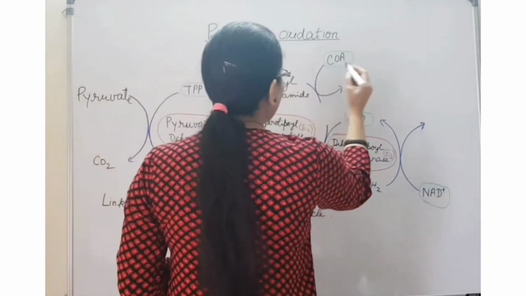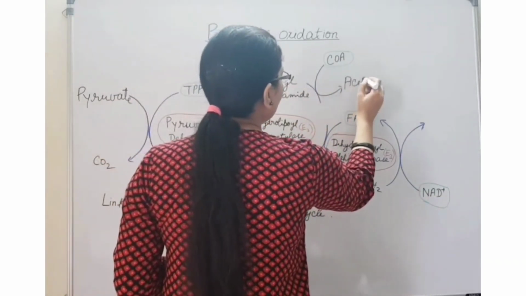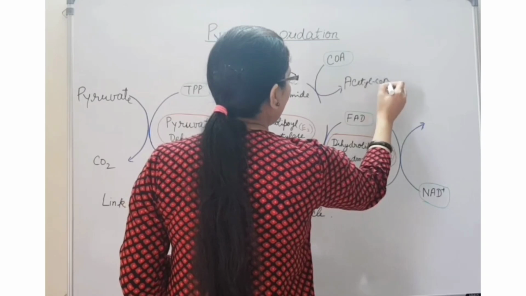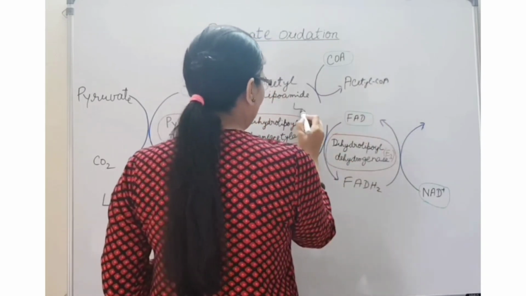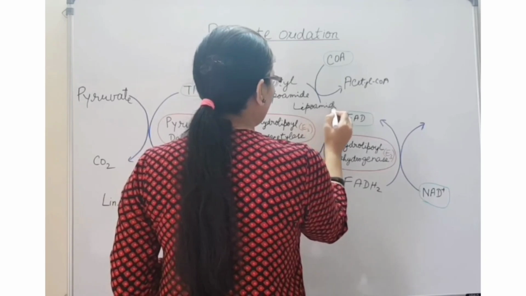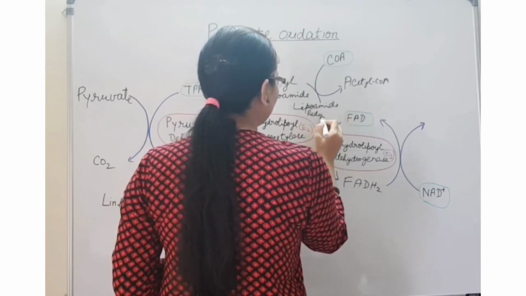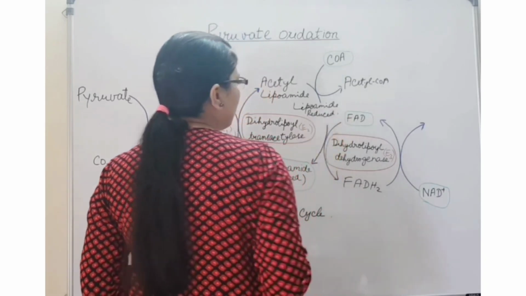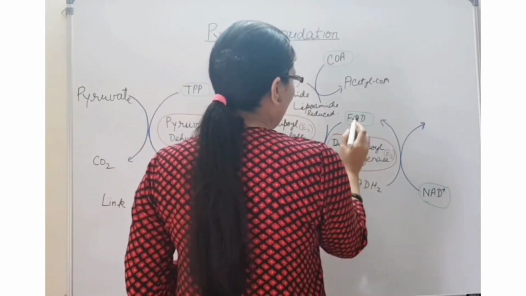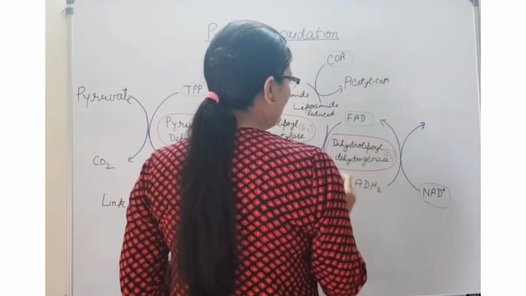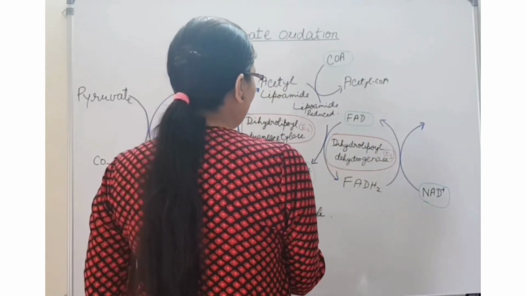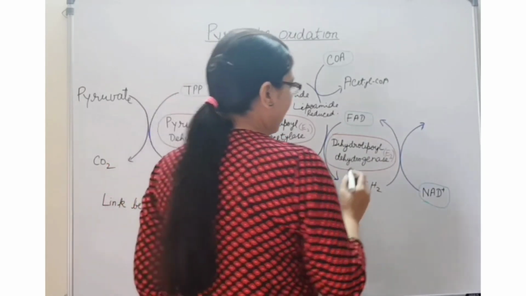This then transfers the acetyl group to coenzyme A and forms acetyl coenzyme A. Lipoamide is obtained in reduced form. This reducing equivalent is then transferred to FAD and forms FADH2, that is catalyzed by dihydrolipoyl dehydrogenase, and lipoamide is obtained in oxidized form.